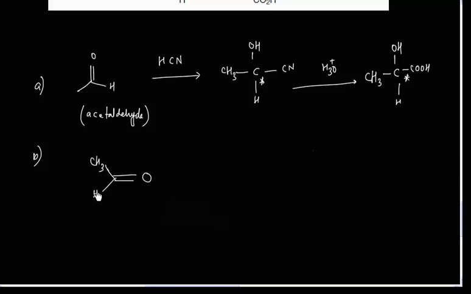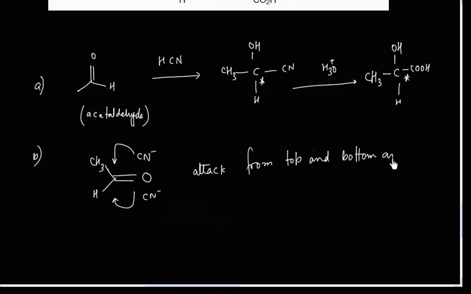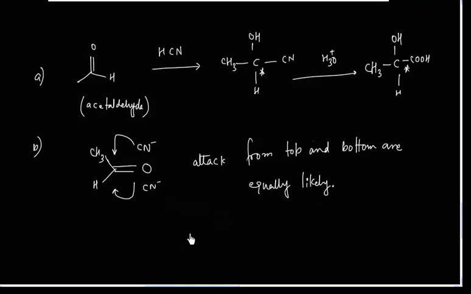Now part B of the question asks which lactic acid we will get, which isomer we will get. In this case, CN- can attack from the top as well as from the bottom. So we will get both isomers. Top attack and bottom attack are equally likely, so we will have a racemic mixture.